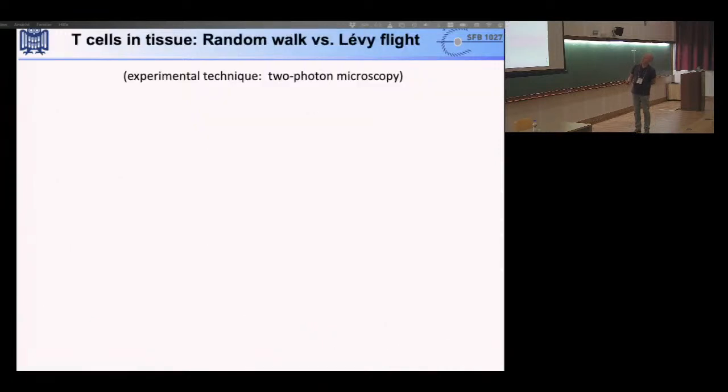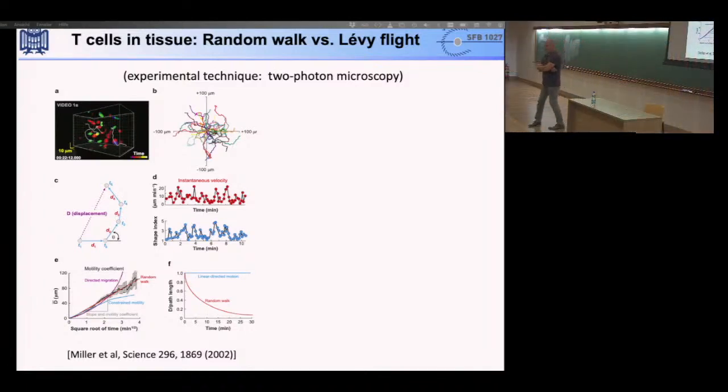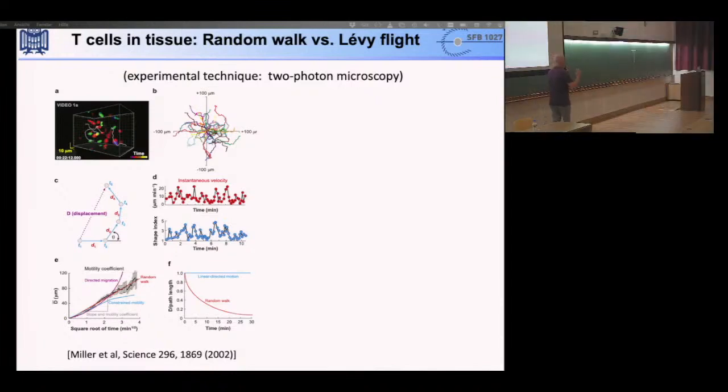And in tissue, there was a time when there was a debate whether T cells, when they are searching for targets, do a random walk or a Levy flight. Those questions have been investigated with 2-photon microscopy, because you have to analyze 3-dimensional random motion, or 3-dimensional trajectories of cells in tissue.